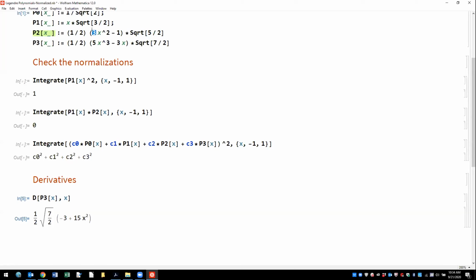So I could say that the coefficient of x squared is minus 3 times the coefficient of 1, or x to the 0. Whereas here I've got that the coefficient of x squared is 15 and the coefficient of x to the 0 is -3. So this coefficient is -5 times -3, or +15. So it's not like the derivative of P3 is just proportional to P2, all right? These are different polynomials. Questions on that?